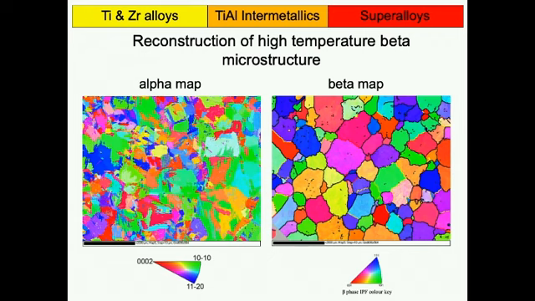And one of the important points was that we get these kind of large beta grains. We have this Burgers relationship, which we discussed yesterday. And the Burgers relationship is important because it means even though we have very large beta grains here, we don't have many different alpha orientations in that beta grain.